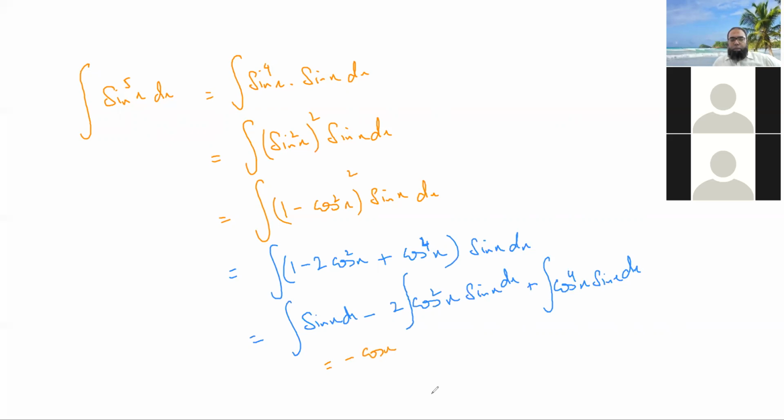The next one, there is a power on cos, and what is the derivative of cos? It is minus sine. So if I make it plus and I write a minus here, this can be plus 2 cos cube x over 3. And then again, cos to the power 4x. There's a power on cos and we have its derivative next to it. I just make it minus sine x and I put a minus here. So this becomes minus cos to the power 5x over 5 plus c.